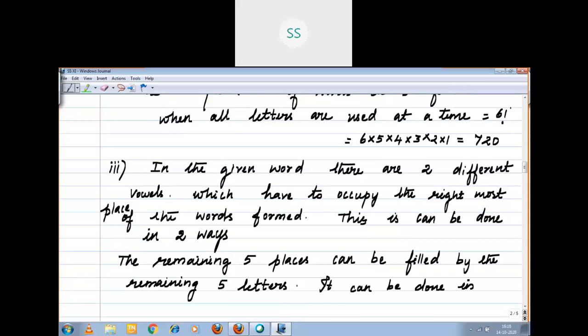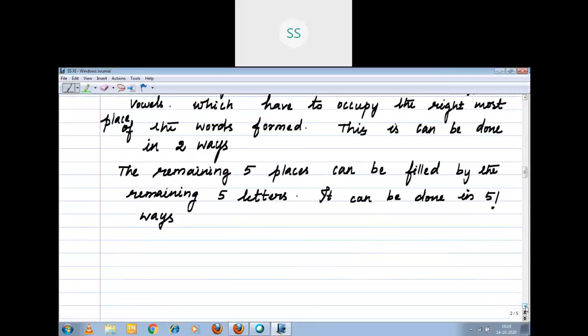It can be done in 5 factorial ways. That is 5P5, that can be written as 5 factorial.